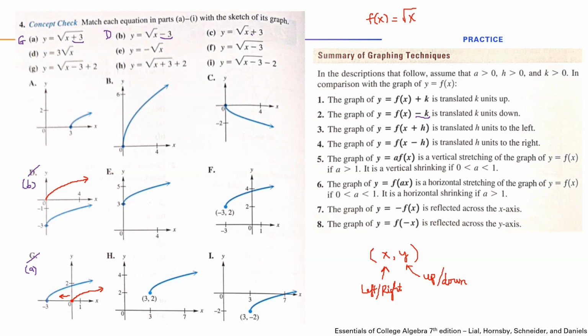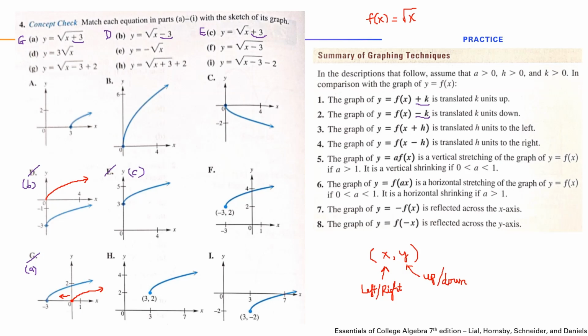Then we have C, plus 3 outside of the function. This will be 3 units up. C for E.